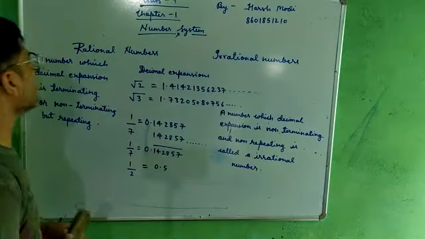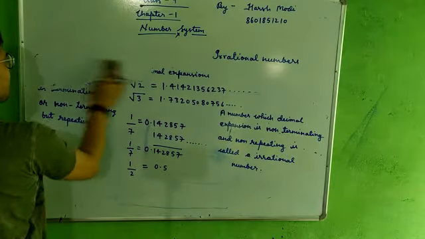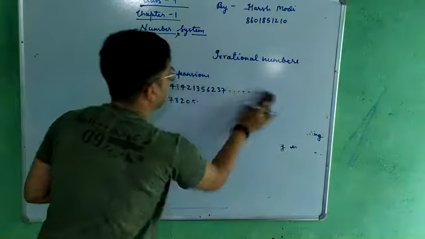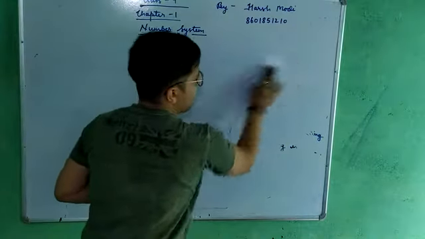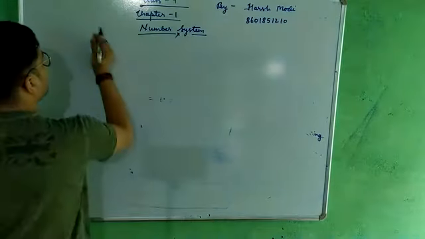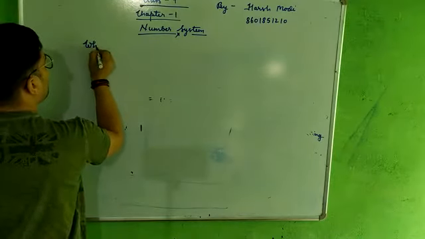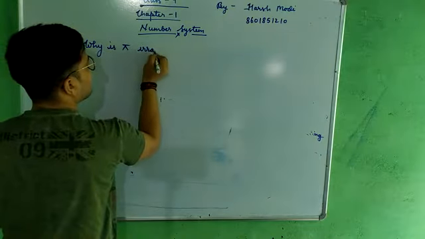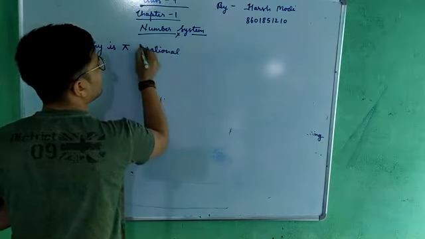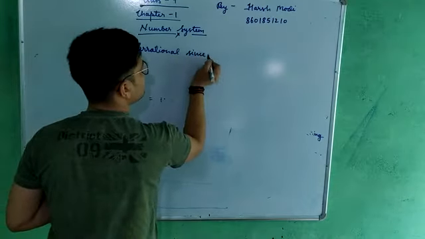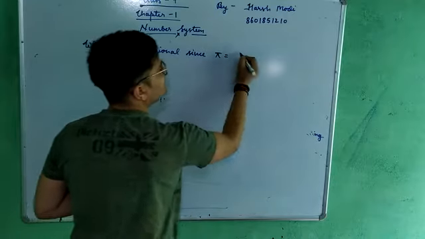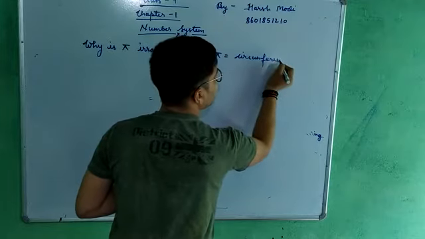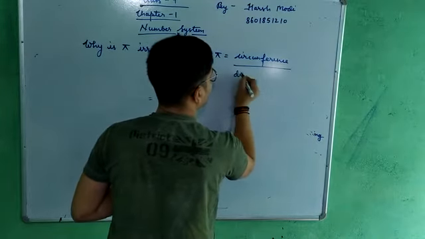So we'll see why pi is irrational, since pi equals circumference upon diameter.